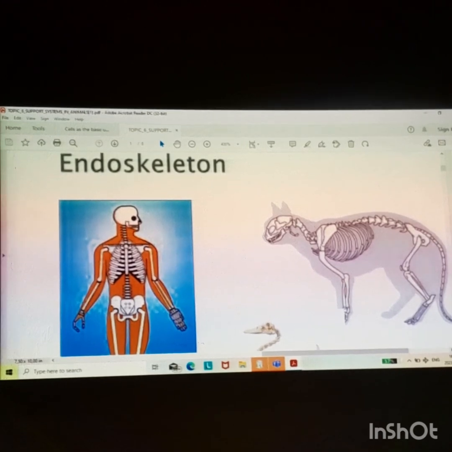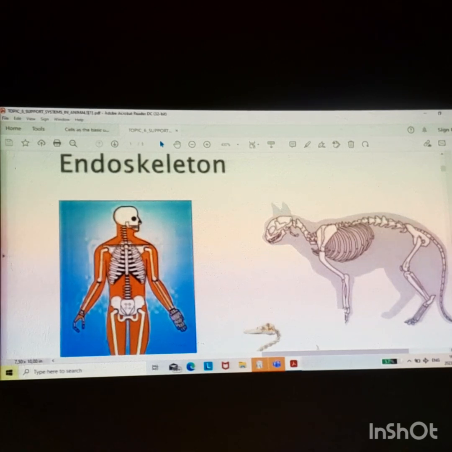Let's say you don't have your ribs, your rib cage. What will happen to your heart, to your lungs, and to your brain? Sorry, not your brain. Your heart, your lungs. What will happen? Meaning that your lungs will only hang, they won't be supported.